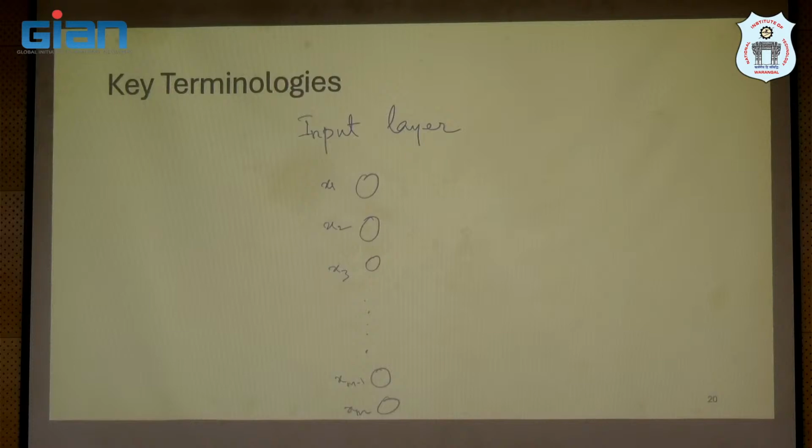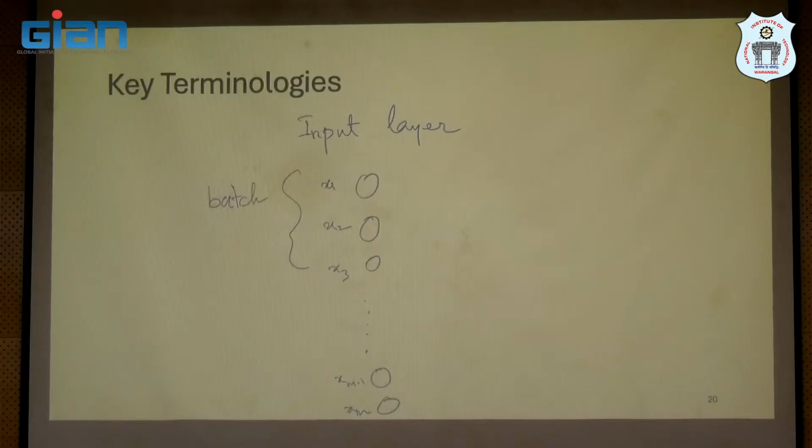But in typical cases, the number of features can be several thousands, several tens of thousands. So what we will do is we will not feed all the inputs all at once into the neural network. Rather, we will be feeding only a portion of the input features at a time to the neural network. And that kind of dividing the input layer into smaller sets, each one that is divided, is called a batch.